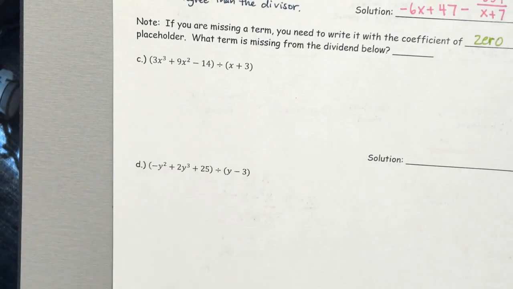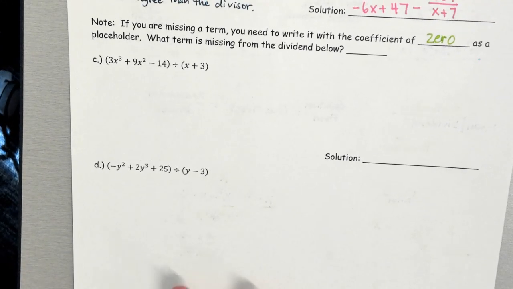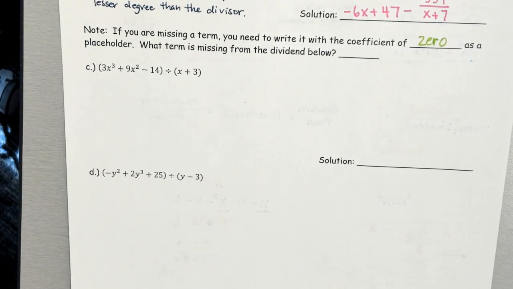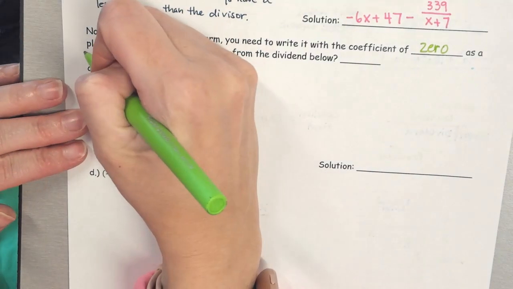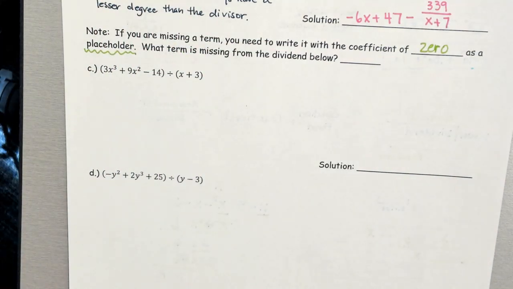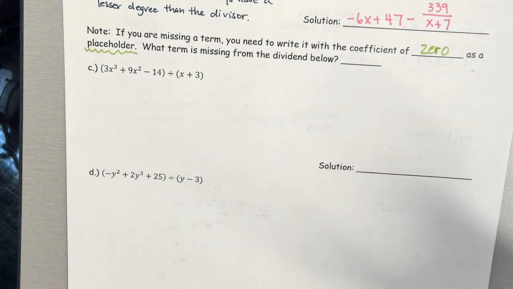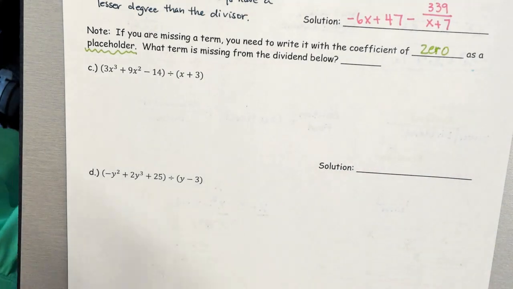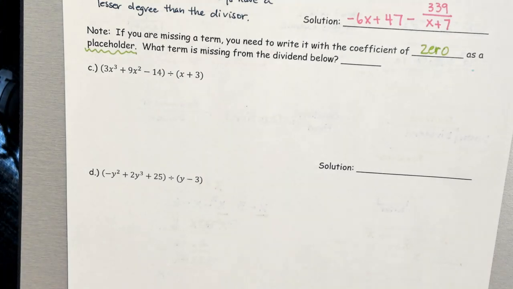I always recommend that you do it, because I don't want you to accidentally add terms that are not like terms. So we're going to use it as a placeholder. We'll also learn a new type of division tomorrow where you have to put the zeros in. So this is kind of a precursor to that.